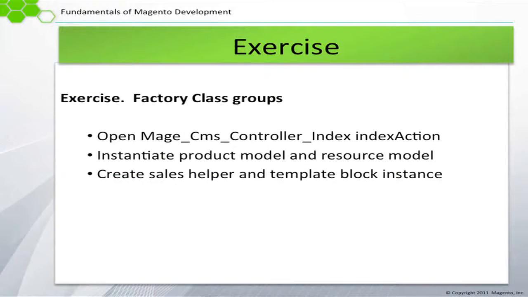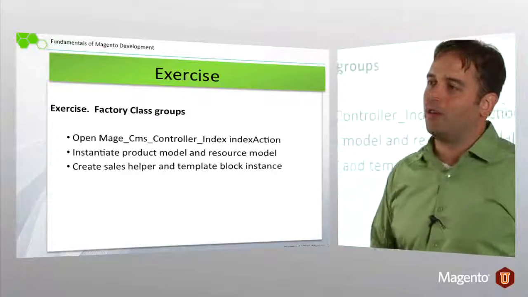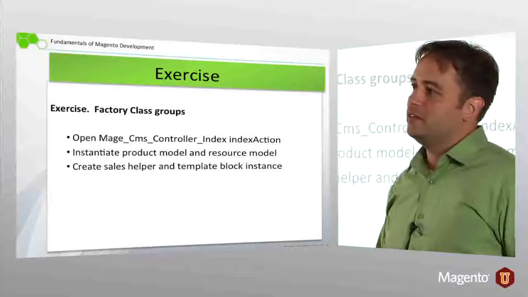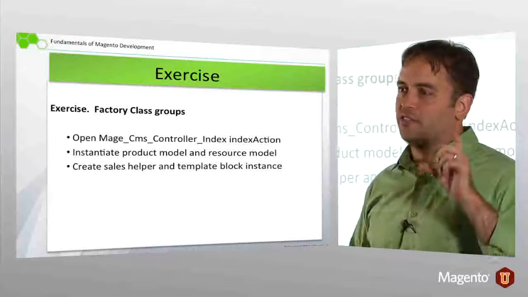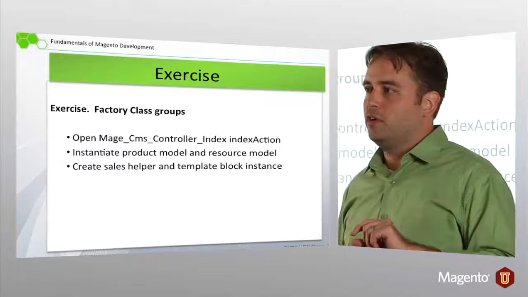Once again, let us open up Mage CMS index controller, instantiate a product model and resource model, and create a sales helper and a template block instance. We're going to play with all of the different types here. We're not actually going to deal with that configuration stuff yet, but we're going to look at the factory methods that are involved.